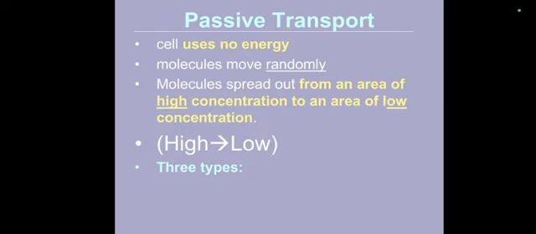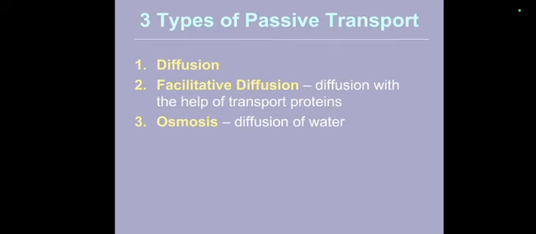This type of diffusion is not dependent on energy. For example, diffusion of lipid-soluble molecules like oxygen and carbon dioxide and water across the cell membrane. This is the passive diffusion mechanism.